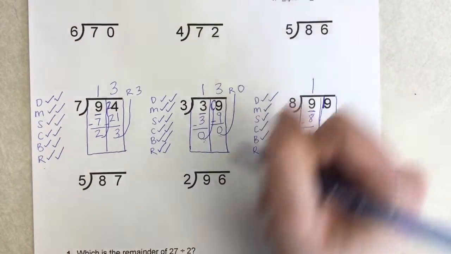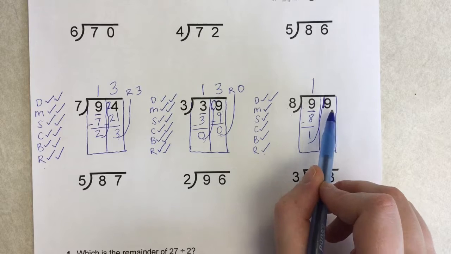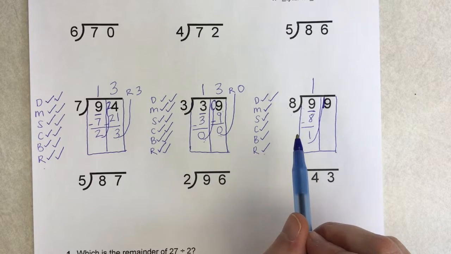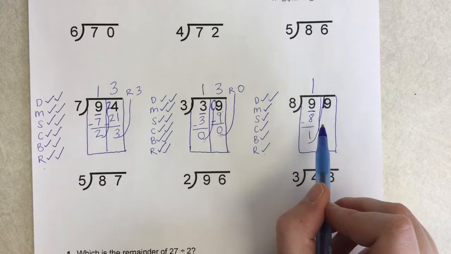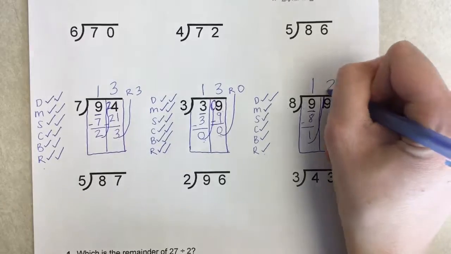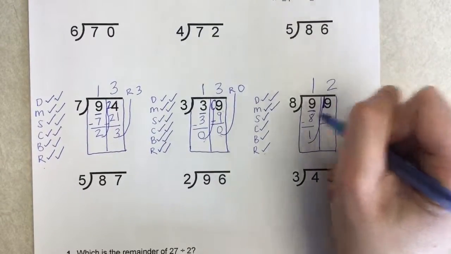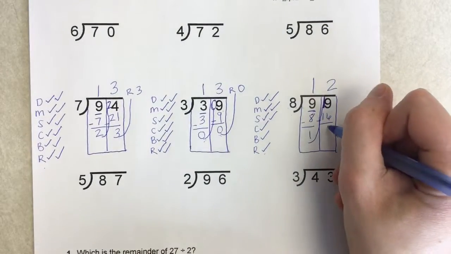So I go back to my first step, determine. 8 times what is going to get me close to 19 without going over? Well, 8 times 2 is 16. 8 times 3 is 24. That goes over 19. So I'm going to have to put a 2 here. Then I multiply. 8 times 2 is 16. Subtract. 19 minus 16 equals 3.